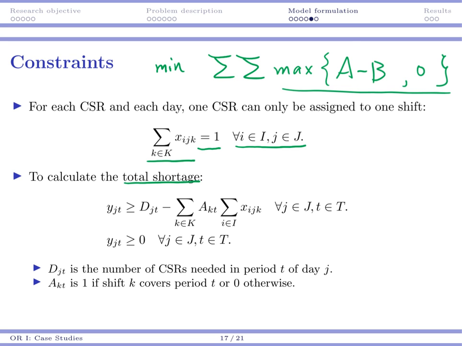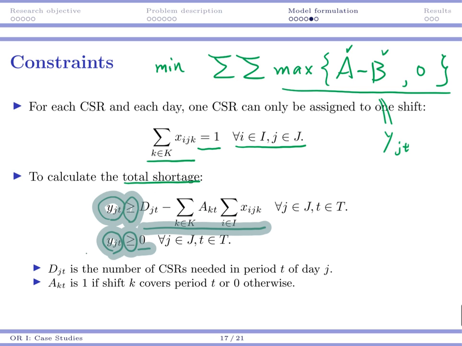A is the demand, B is the supply. So when we use Yjt to replace that, we are playing the trick for linearizing a maximum function. When we say Yjt equals this, we are going to say Yjt is greater than or equal to the first term, and Yjt should be greater than or equal to the second term.